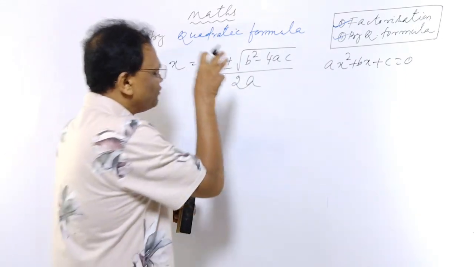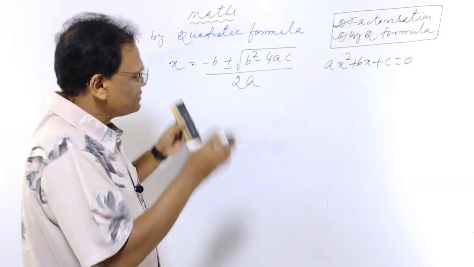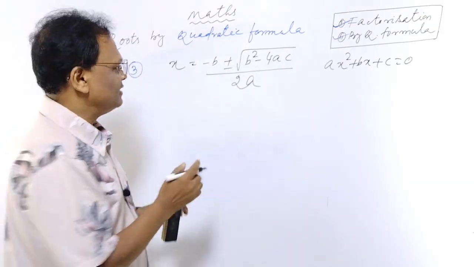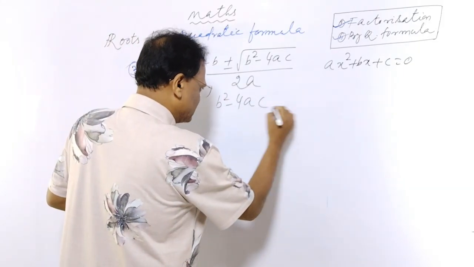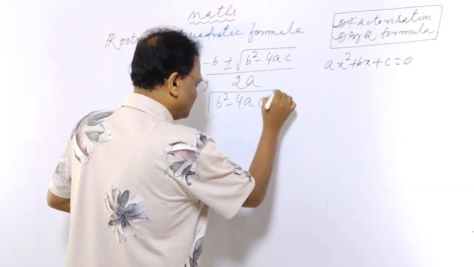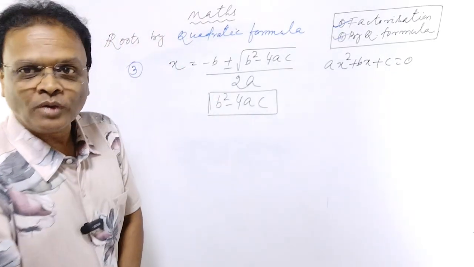But this formula will decide the nature of the roots. In this formula, one term is there, that is b square minus 4ac. Let me make it in a rectangular box. Why?